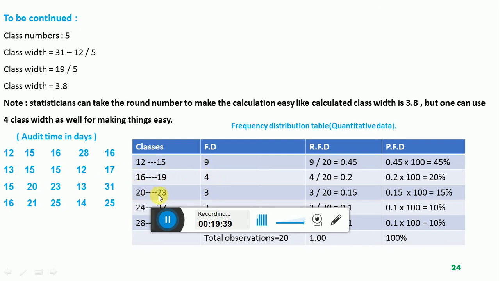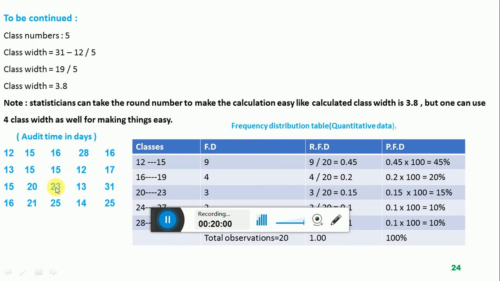Now the frequency of the third class: 20 to 23. Lower limit is 20, upper limit is 23. Again, we will count all those data items from the entire data set which are greater than or equal to 20 and less than or equal to 23, and write that as the frequency of the third class.